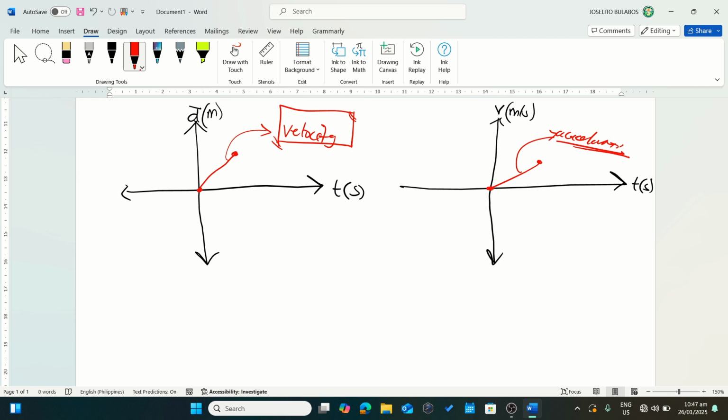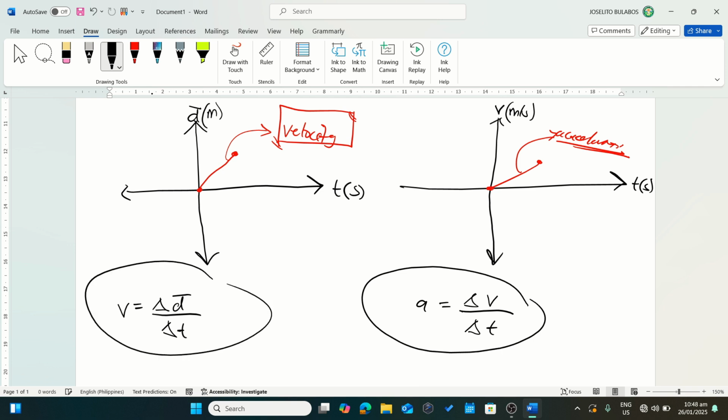So in general, velocity is the change in displacement over the change in time, then acceleration is the change in the velocity of the object over the change in time. So they are actually connected.